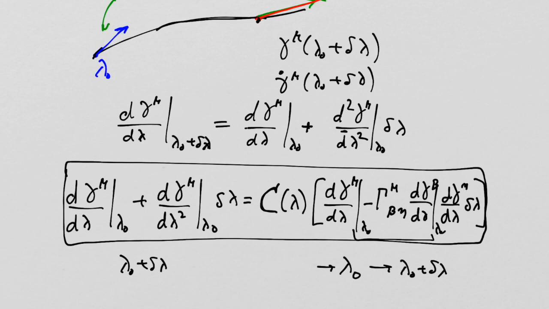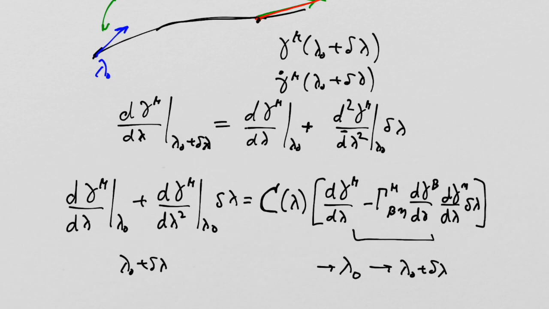But they're all evaluated at lambda 0. So the idea is this left-hand side, if you do no parallel displacement at all, if this equals 0, that goes away.